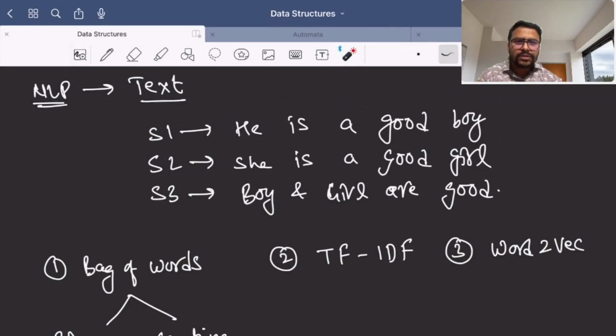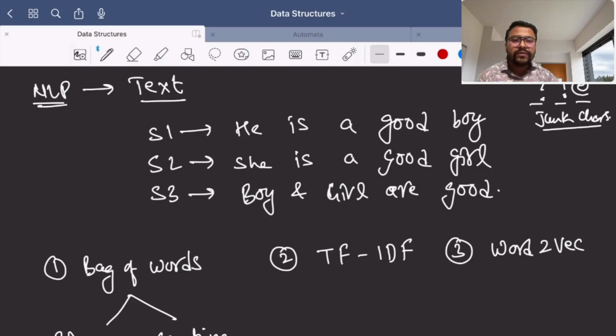What kind of pre-processing? Maybe our data has some unwanted characters, such as question marks, exclamation signs, at the rate, junk characters, or extra spaces. By using regular expressions, we can remove all such characters.